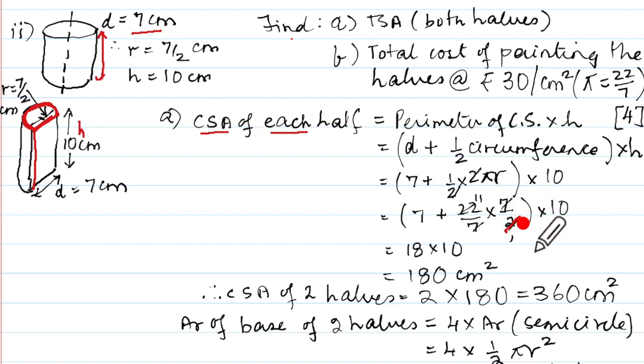We have 2 1s and 2 goes 11s. This 7 and this 7 will get cancelled, and we have 11 plus 7, that is 18 multiplied by 10. So that is 180 centimeter square. So this will be our first mark. So CSA of two halves, that is curved surface area, will be 180 into 2, that is 360.